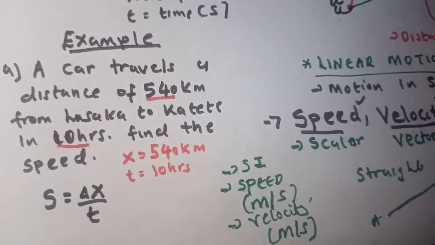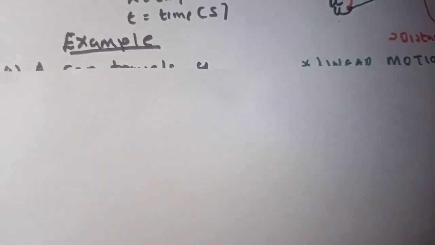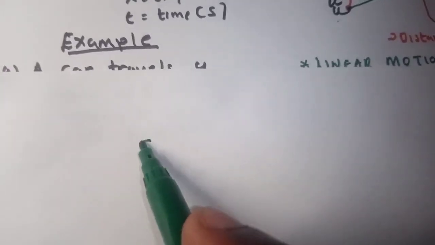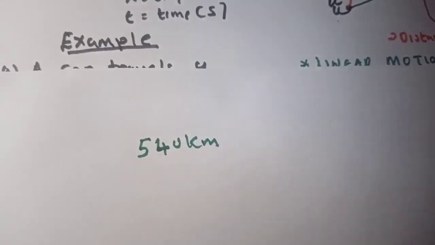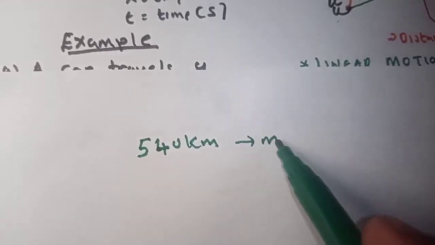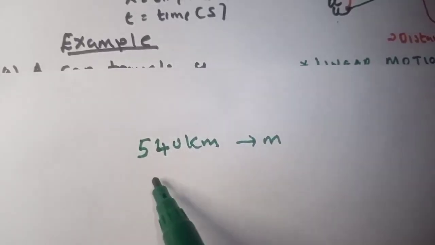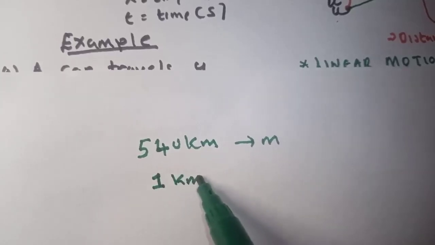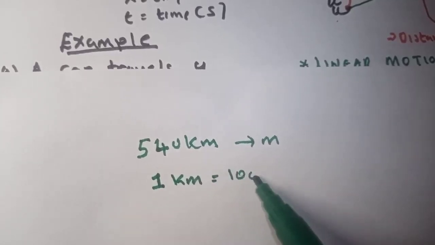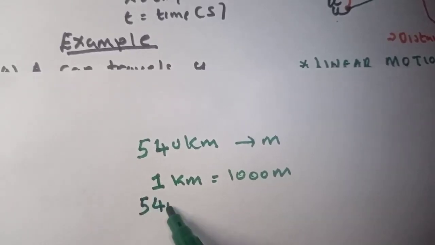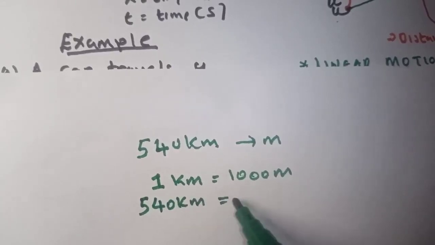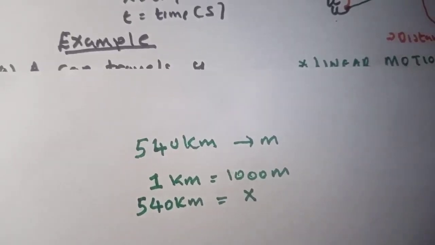So we're going to change them here. We have 540 kilometers. We need to change this to meters. We know 1 kilometer is equal to 1000 meters. So 540 kilometers will be equal to how many meters?